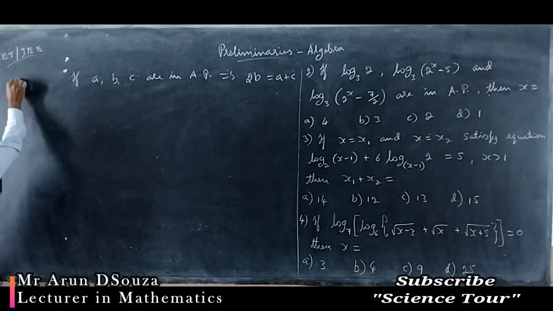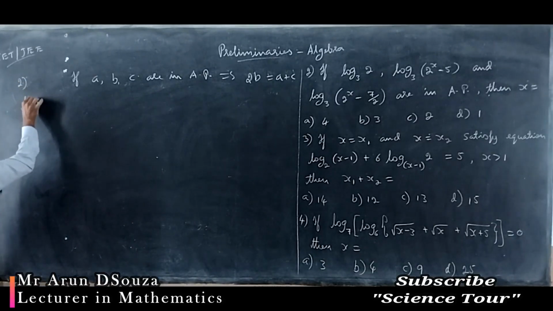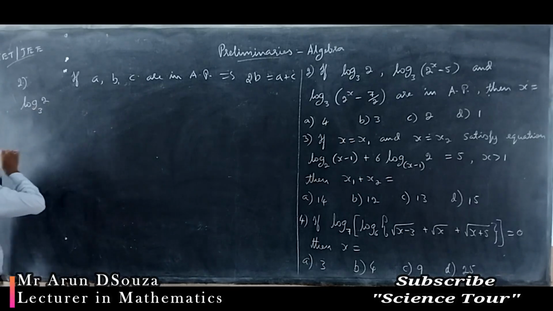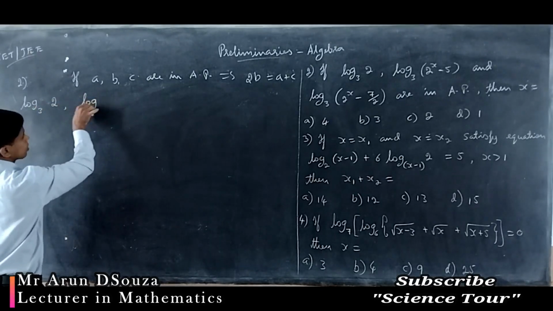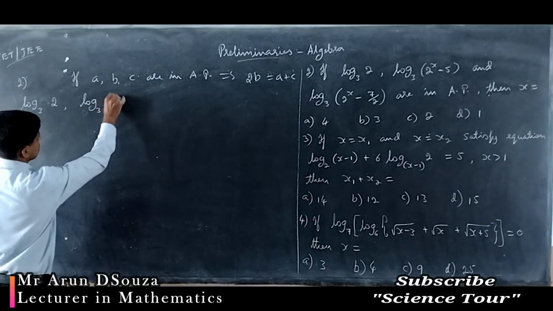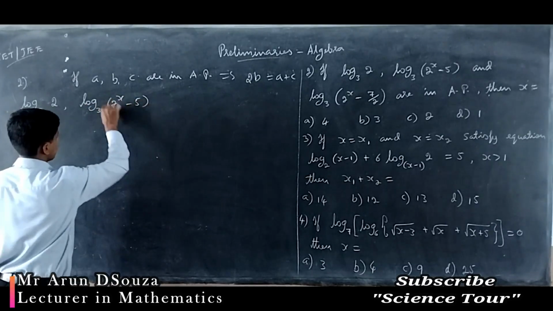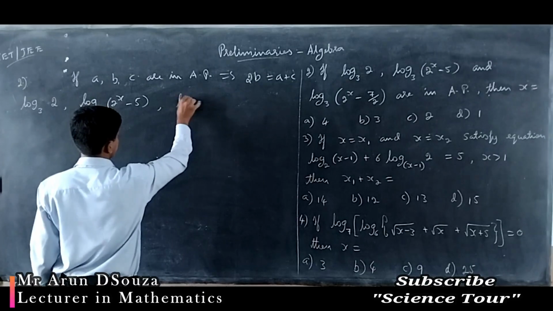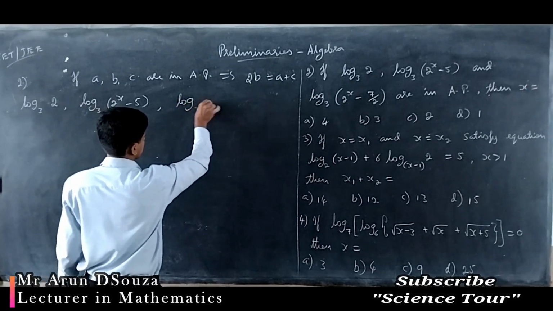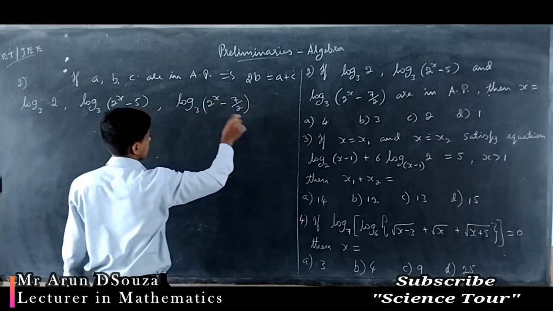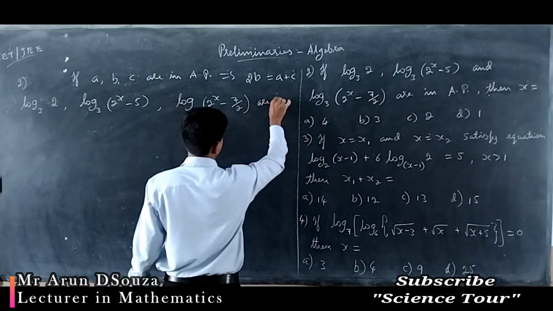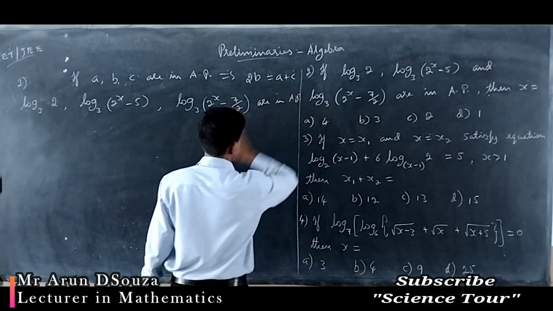Now we are saying log 2, and then you have log of 2 to the power x minus 5, and 2 to the power x minus 7 by 2 are in AP.